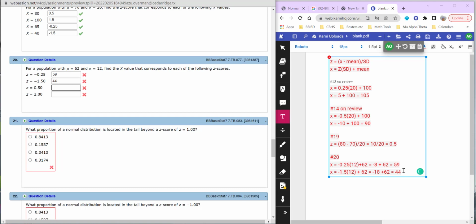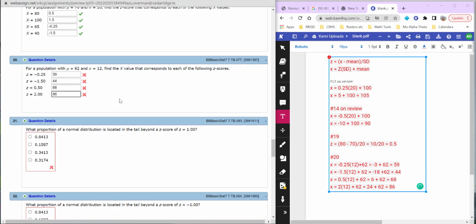0.5. So let's do 0.5. This one's a little easier because half of 12 is 6, plus 62. That's pretty easy, 68. And then 2 standard deviations above the mean. So I would just take 2 12s, which is 24, plus my 62, 86.